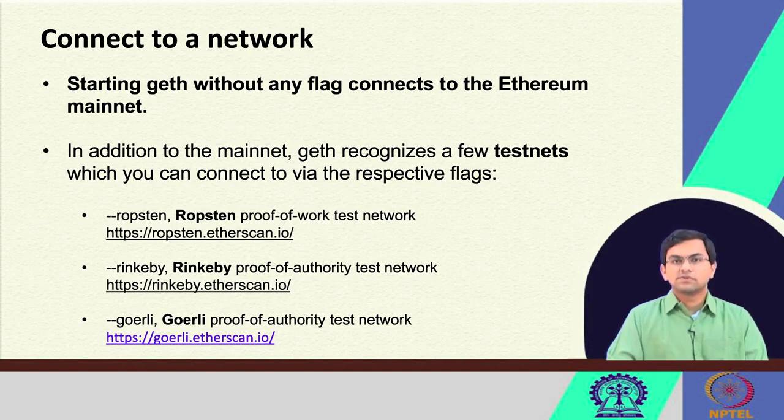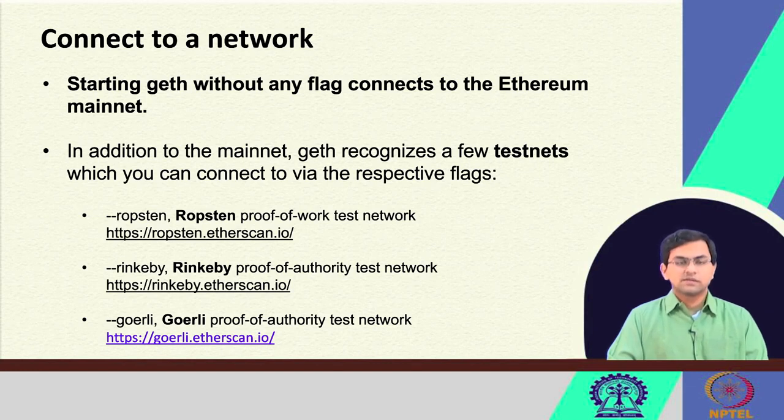And so, for doing transactions in the Ethereum main network, you would need to provide Ether, and that might be expensive. So, for testing purposes, we usually resort to some test networks which are available. You can also create your own network, but it is more convenient to do some transactions for testing purposes through these popular test networks.